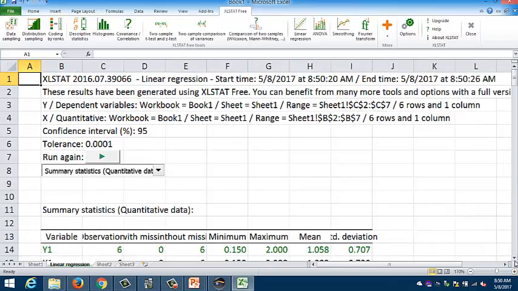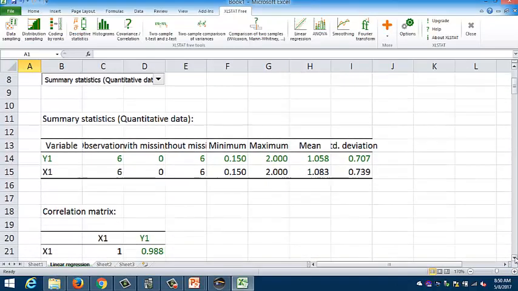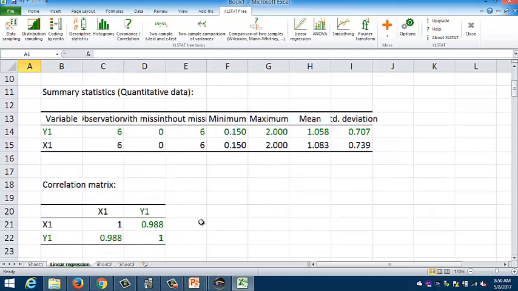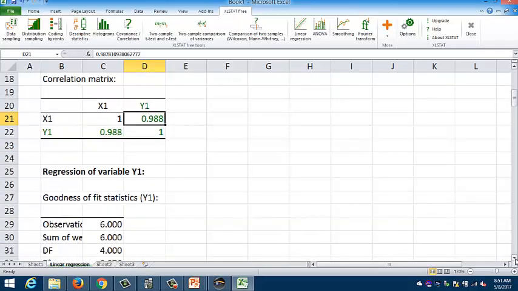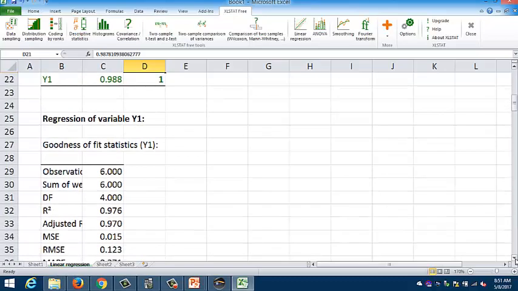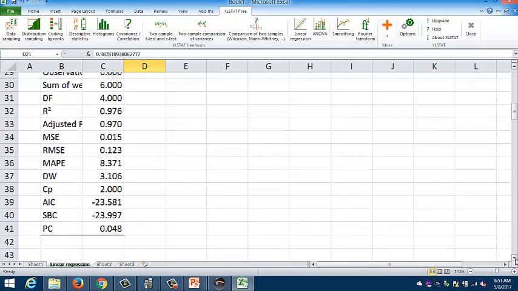Okay, summary statistics. Here, the correlation matrix. Guys, this is the piece of data I'm interested in here. It says 0.988. That's my correlation coefficient. So, also, if we go down a little bit more, there's a whole bunch of statistics we're not going to get into.